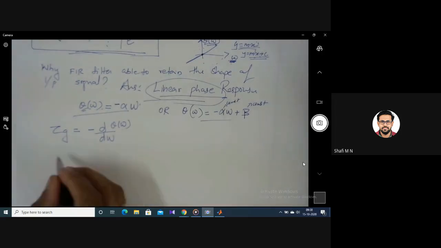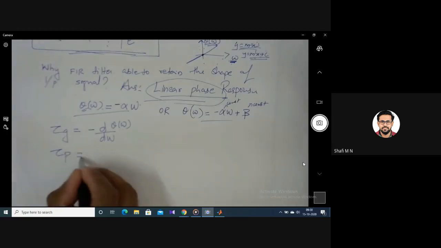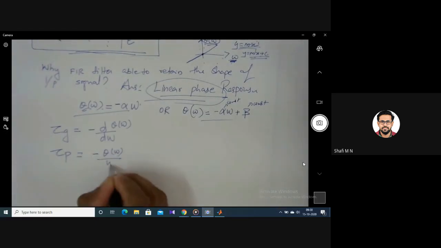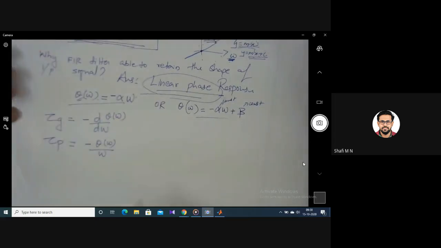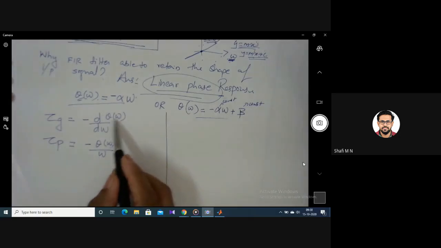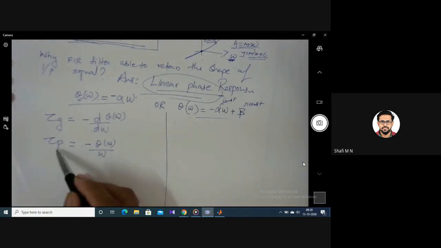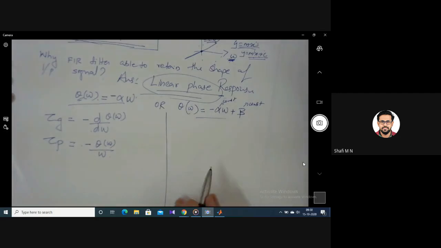And phase delay tau p is defined by minus theta of omega by omega. These are the two equations for group delay and phase delay. Is it clear? For group delay, take the phase, differentiate, and put a minus sign. For phase delay, divide by omega and put a minus sign.